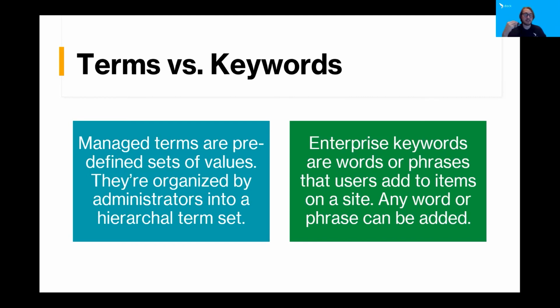And then enterprise keywords are basically the keywords, the phrases, tags that users add on the site level that then get added to the term store from that point automatically. So yeah, that's basically the term store in a nutshell. It's a big grab box of tags and keywords.